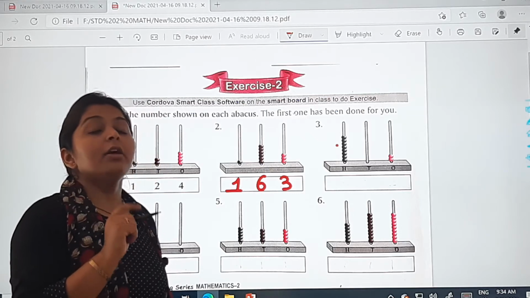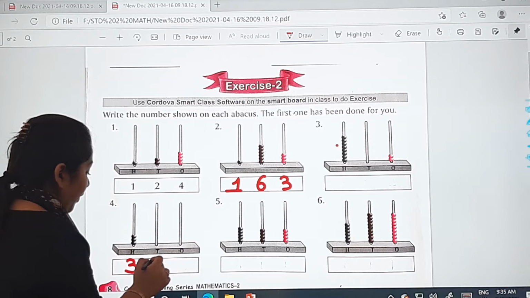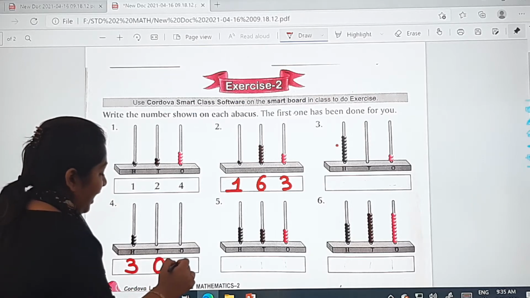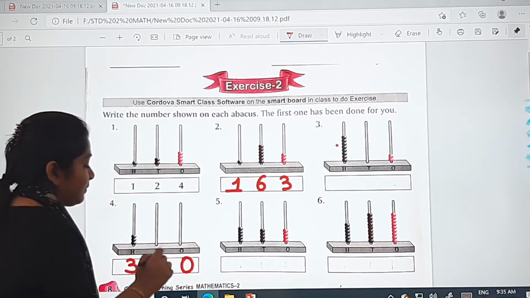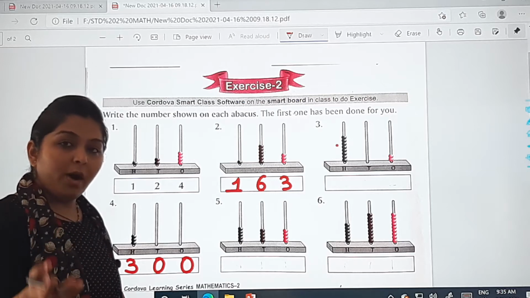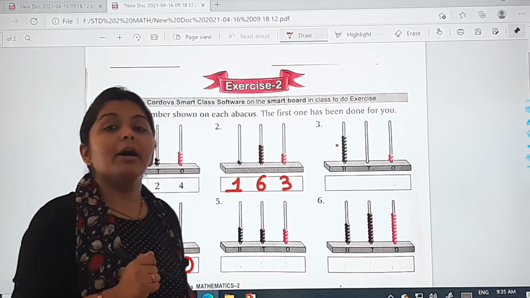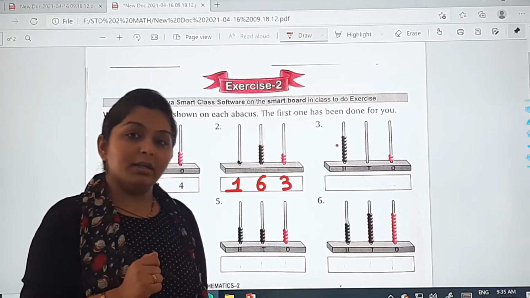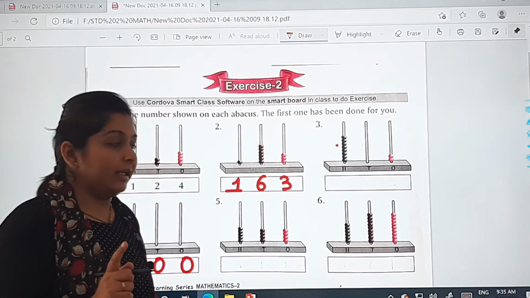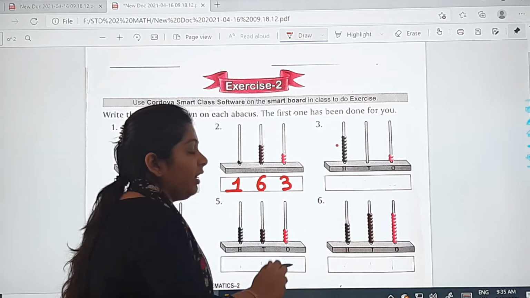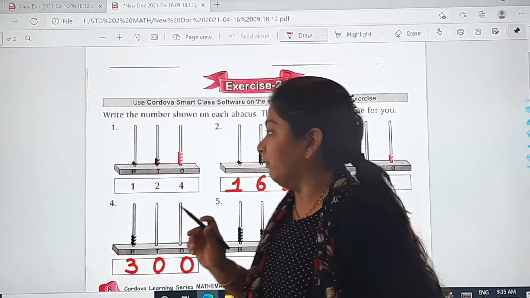We will write 0 at the tens place as well as at the ones place. In both the places we will write number 0. Understood, dear children? Is it clear? The rest 3 you will do on your own.